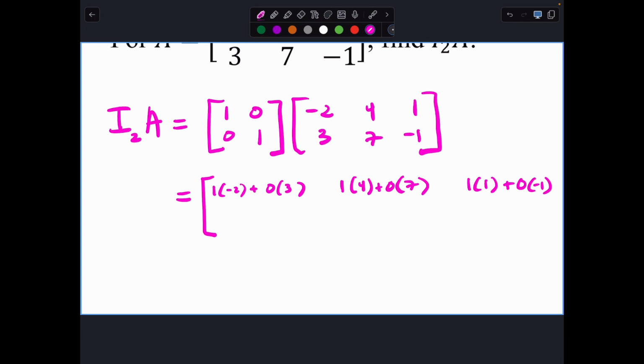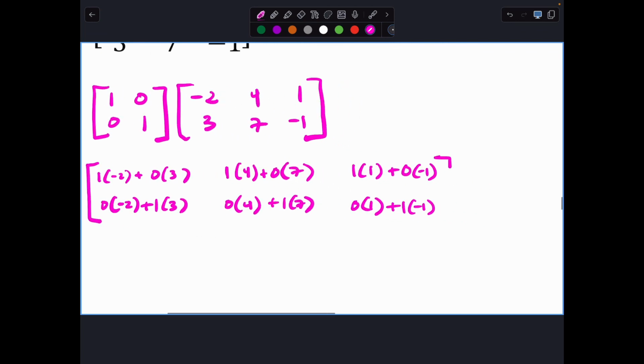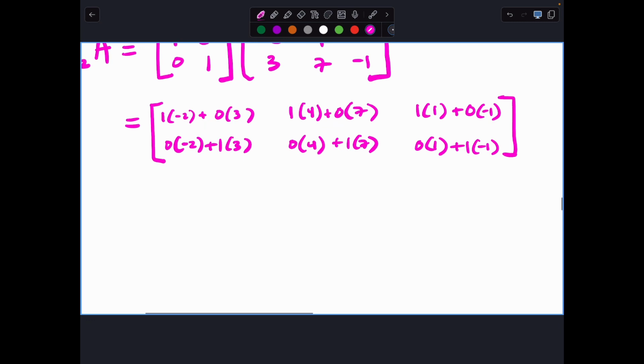Then we move to row 2: 0 times negative 2 plus 1 times 3, 0 times 4 plus 1 times 7, 0 times 1 plus 1 times negative 1. So we get negative 2, 4, 1, 3, 7, negative 1.